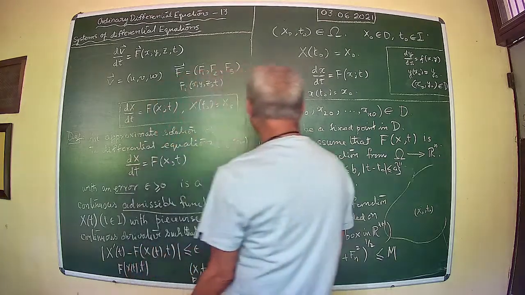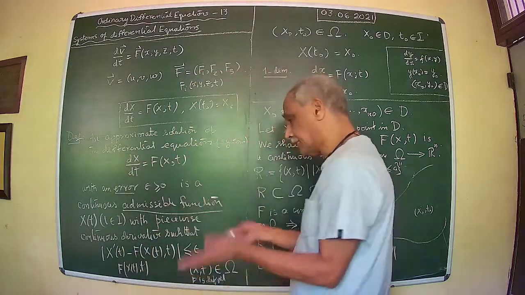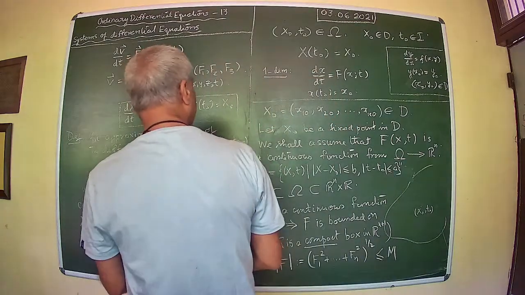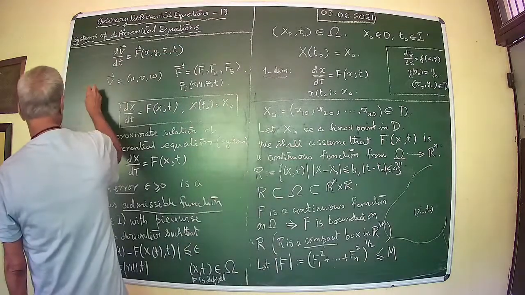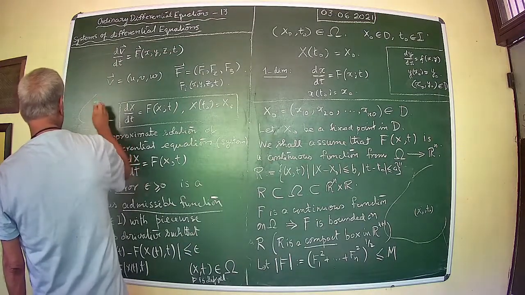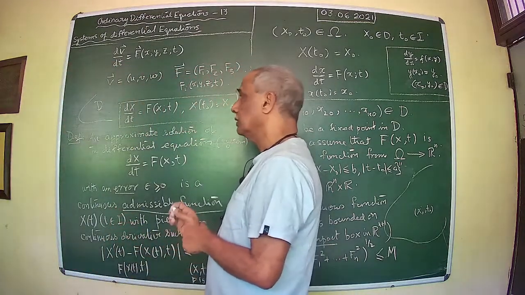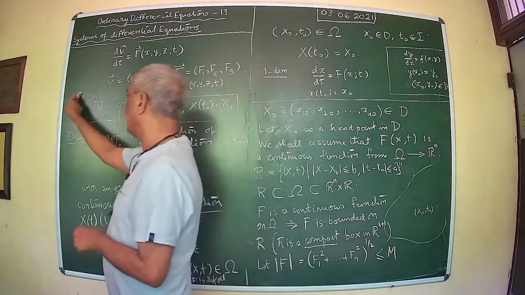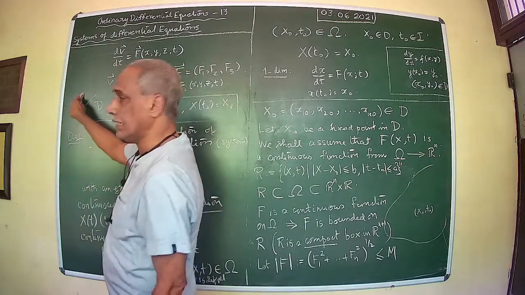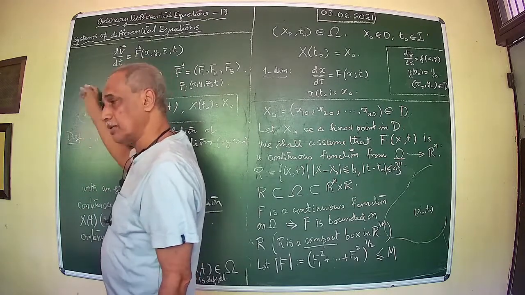Because if something is not defined in some part, for example, suppose this is D, and f is defined only here, and you take a point outside, obviously f is not defined there.